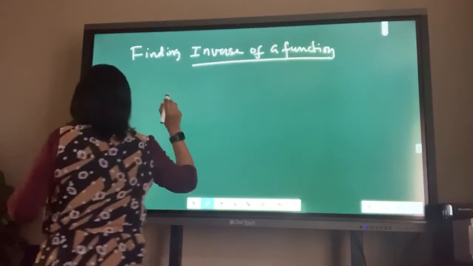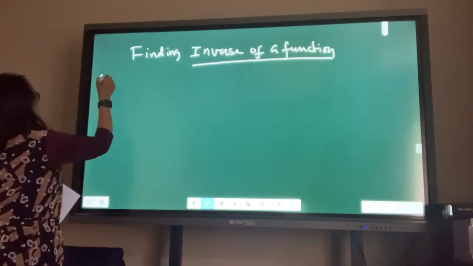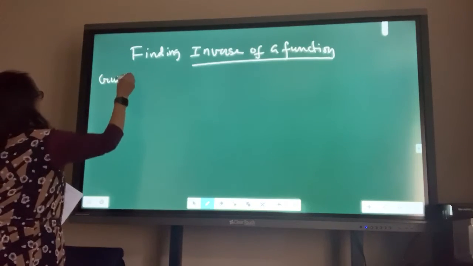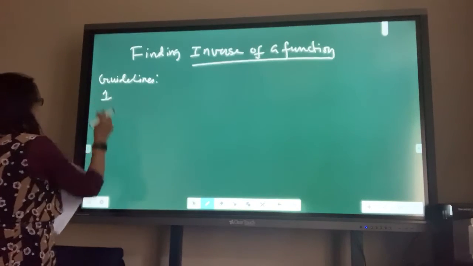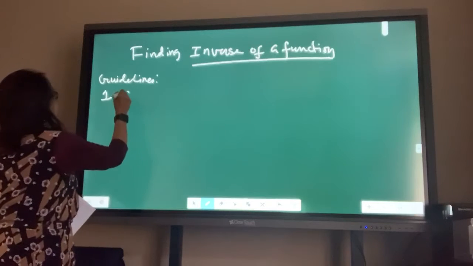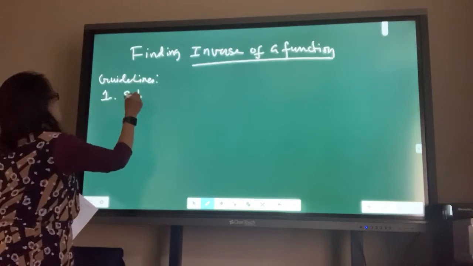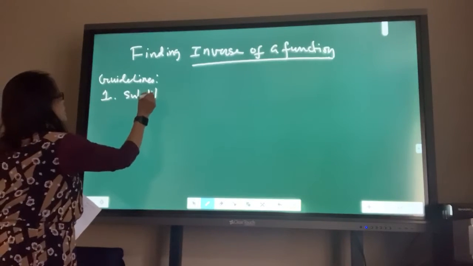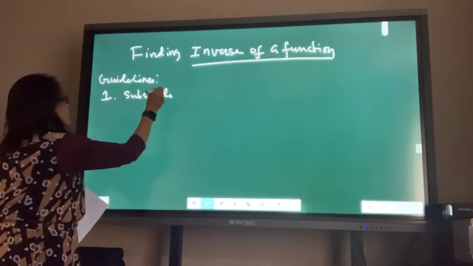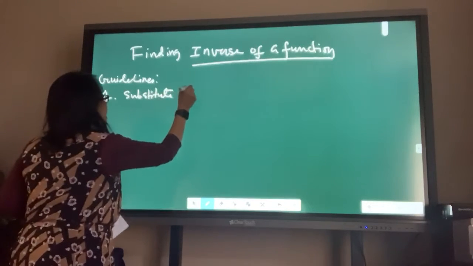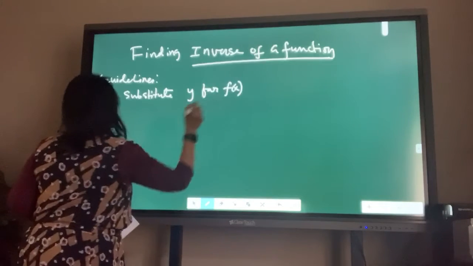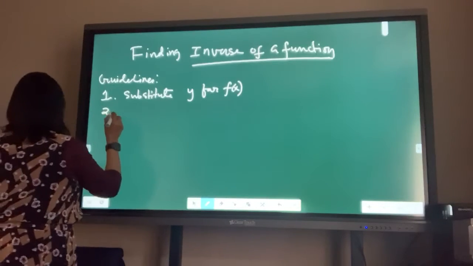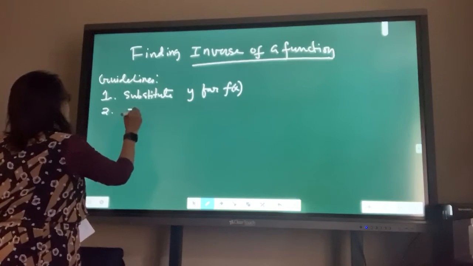So there are some guidelines to follow, and so let's say 4 of them. Number 1, substitute y for the function that is given, f of x. Number 2, interchange x and y.